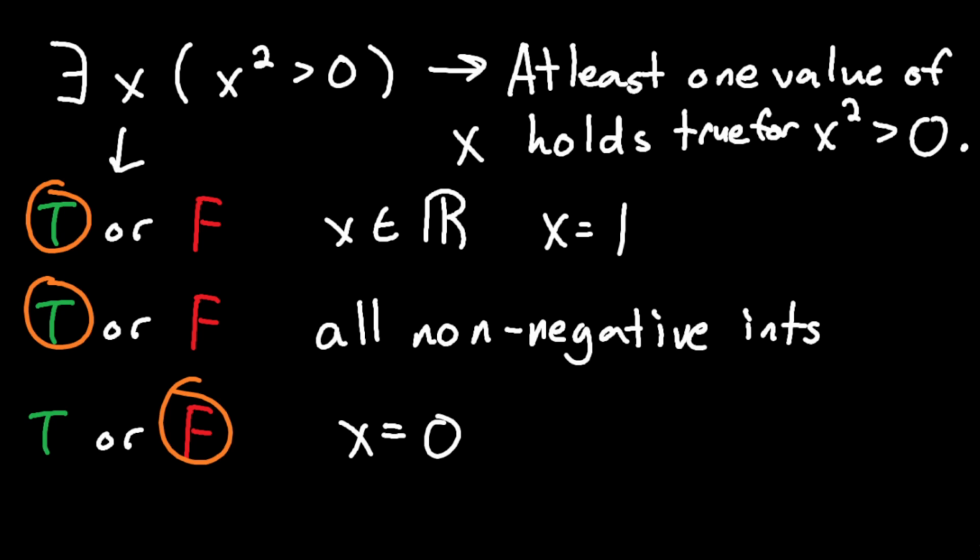It's just equal to 0, but it's not greater than. So this domain doesn't have any values that make x squared is greater than 0 true. Therefore, the entire thing is false. So remember, everything needs to be false in the domain for this quantifier to be false. Everything needs to be false for this guy to be false. And it's the opposite for the other quantifier.